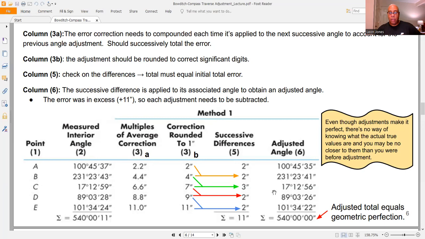So we're basically subtracting 2 seconds from 4 out of 5 of the angles. The only one that we're subtracting 3 from is the measured angle of 17 degrees, 12 minutes, and 59 seconds. And we get 17 degrees, 12 minutes, 56 seconds. Now, when we add all of our adjusted angles up, we have closed the traverse based on our adjusted angles.